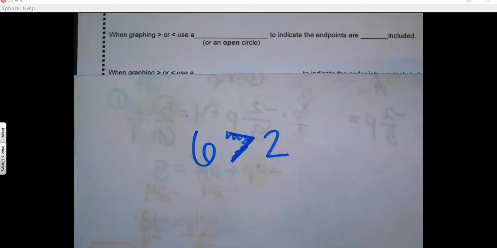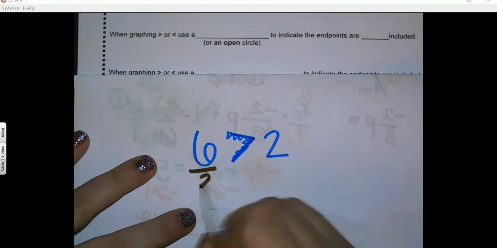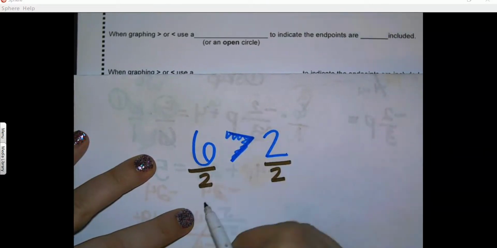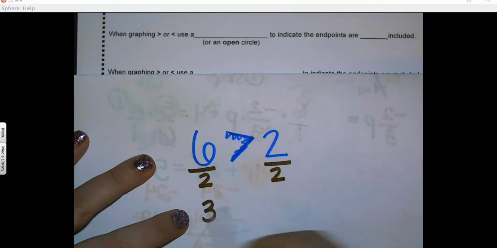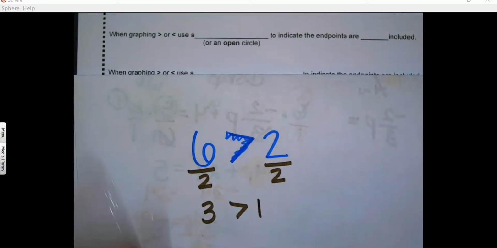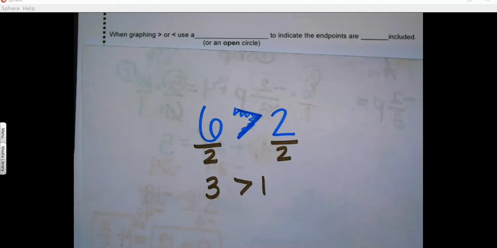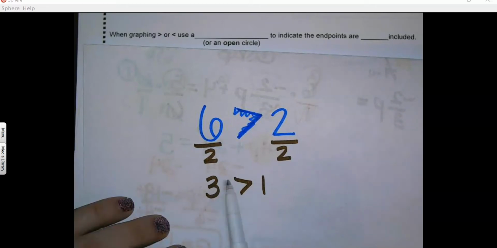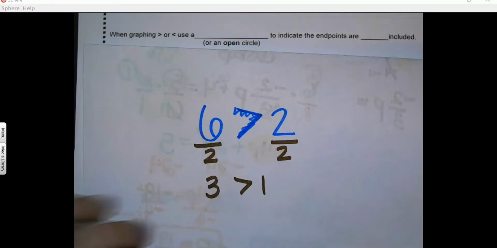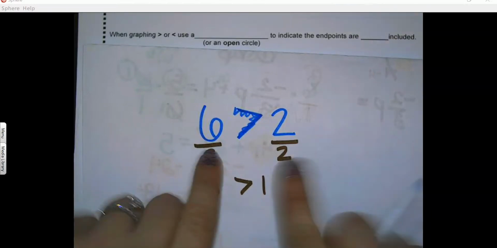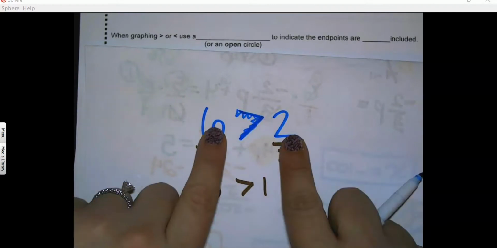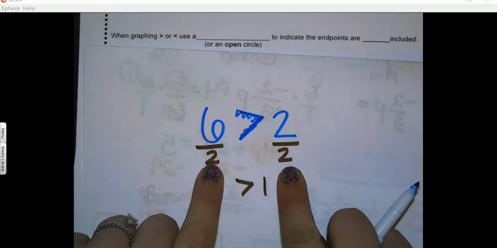Now, if I divide both sides by 2, I have 3 here and 1 here. That's still true. 3 is greater than 1. To prove that what I'm telling you is accurate, you'd try many different numbers and it always works. If I divide both sides of a true statement by a positive, it works.